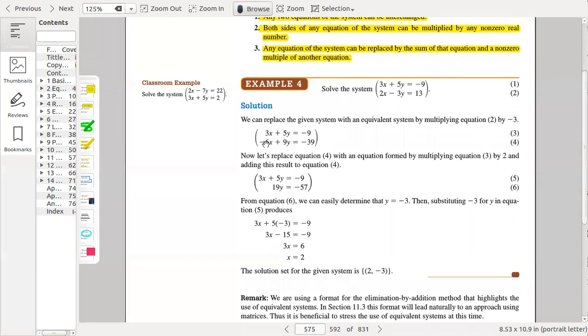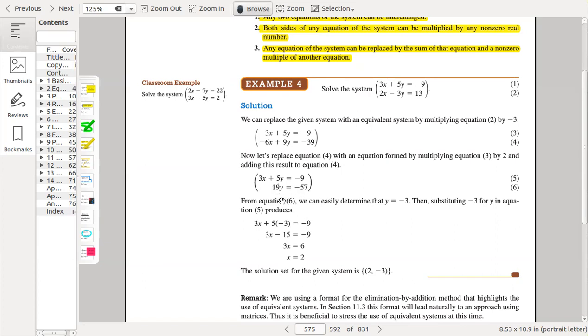So this 6x will be cancelled with this minus 6x, and 10 plus 9 will be 19y, and minus 18 plus minus 39 will be minus 57.